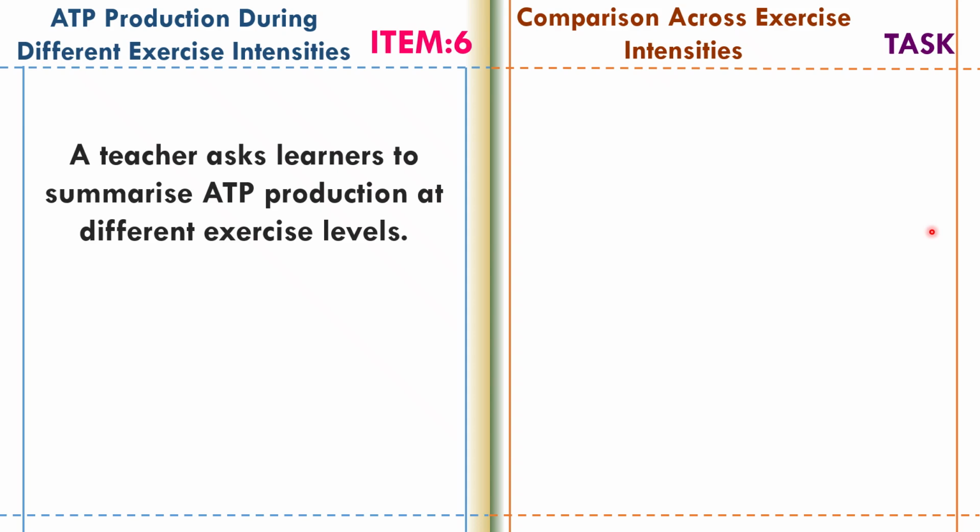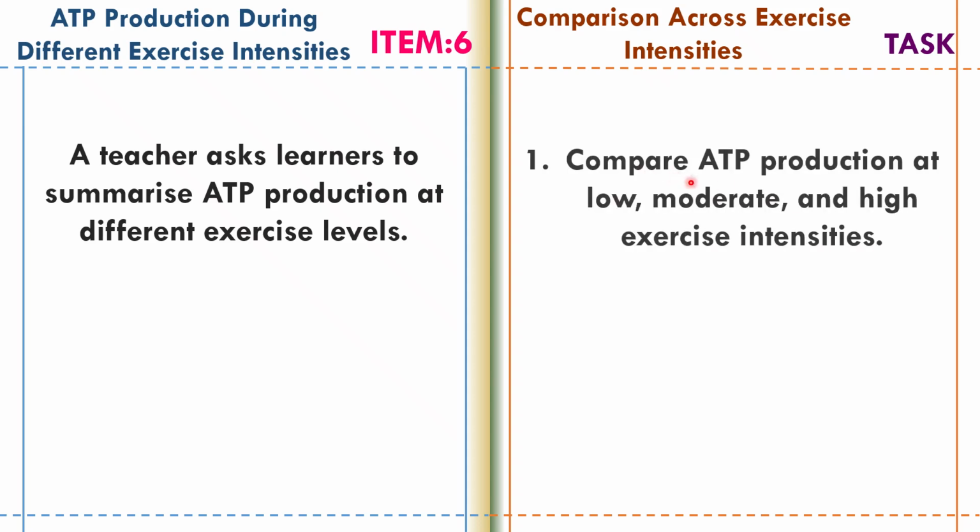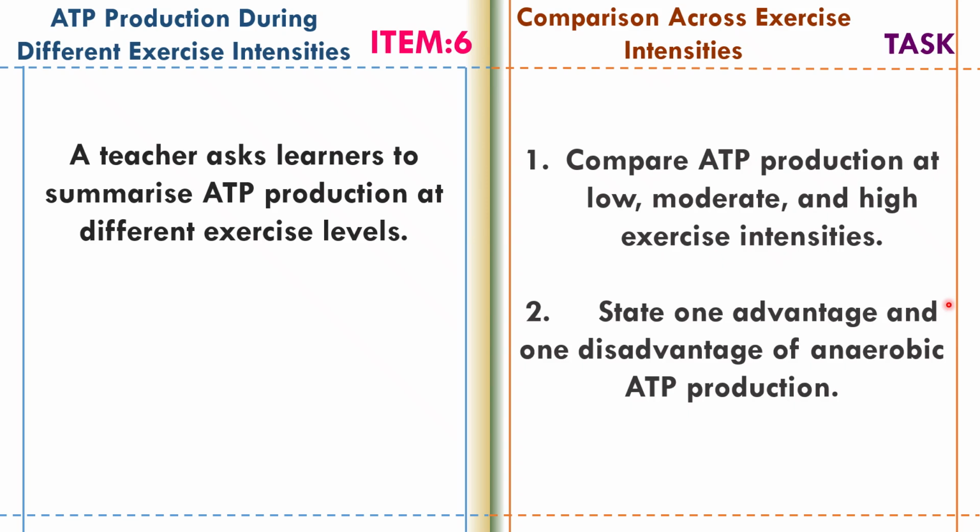Task: compare ATP production at low, moderate, and high exercise intensities. State one advantage and one disadvantage of anaerobic ATP production.